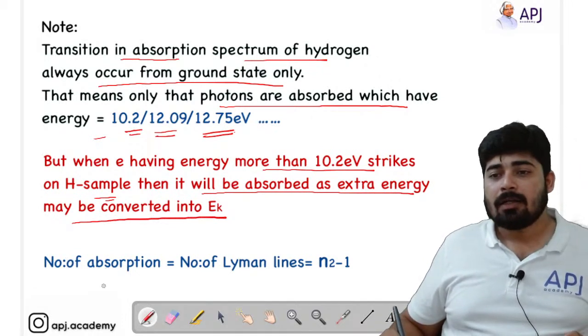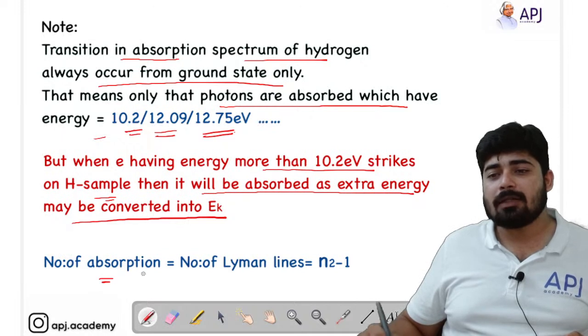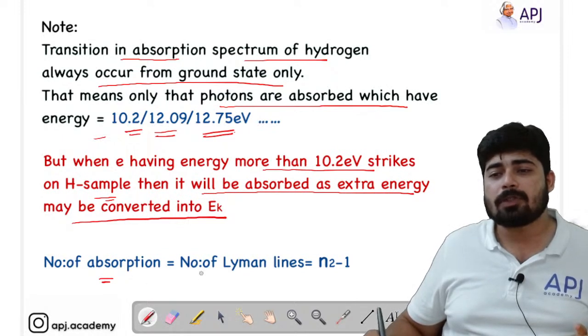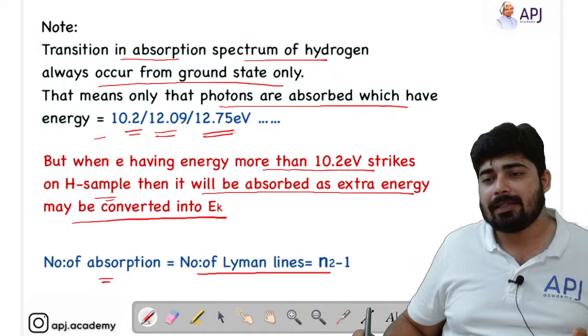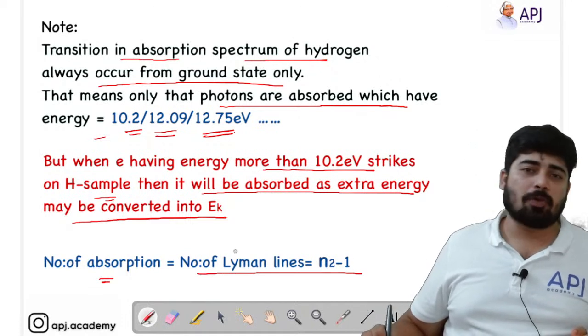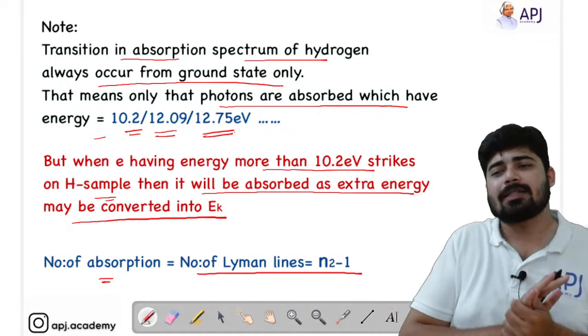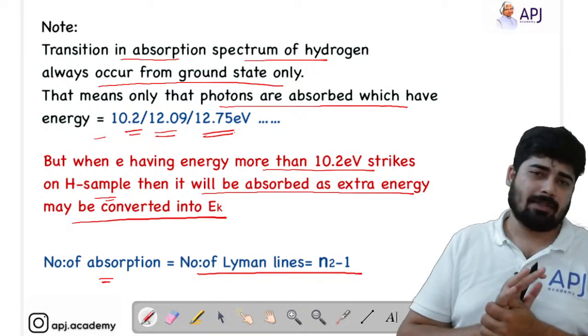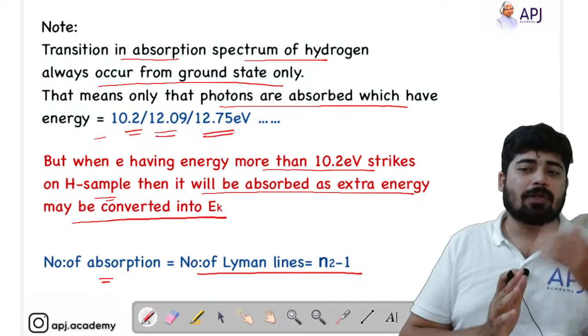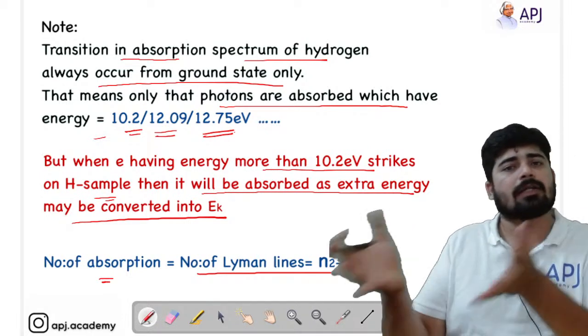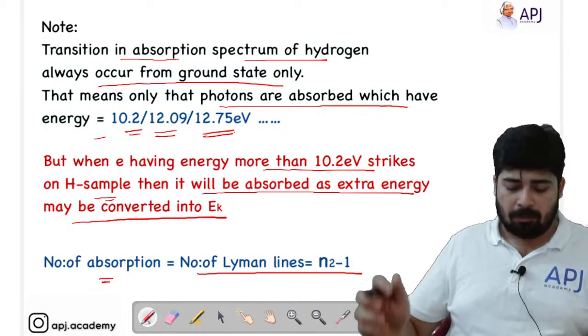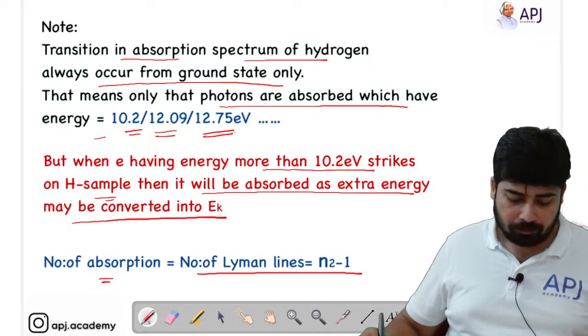Now, the number of absorption lines I have already told: the number of absorption lines is equal to the number of Lyman lines, equal to N2 minus N1. So absorption is always the number of Lyman lines. How many lines we got in the absorption spectrum is equal to the number of Lyman lines. The formula is N2 minus N1.